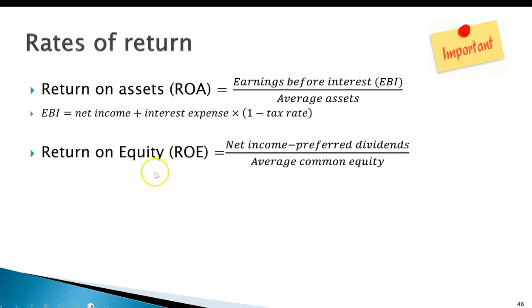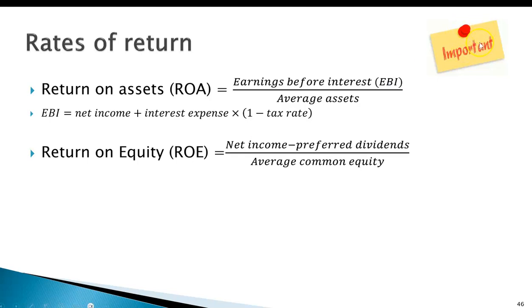This is debt plus equity because it's assets. And then if you just look at your equity holders, it's the income you make divided by the amount of equity. So based on the investment you got from your shareholders, how much income are you returning to them?